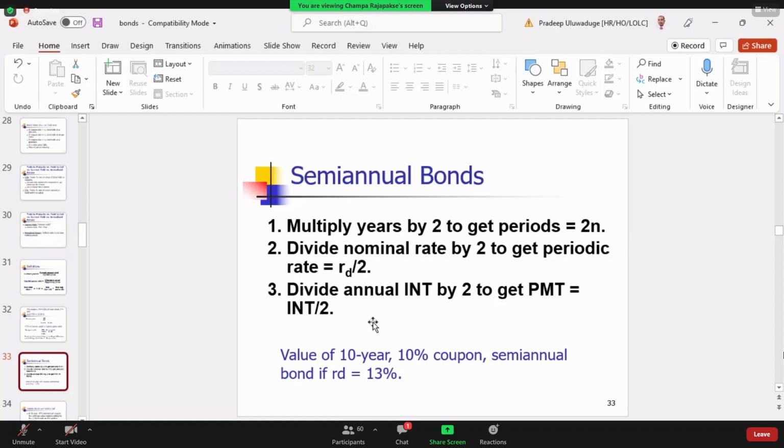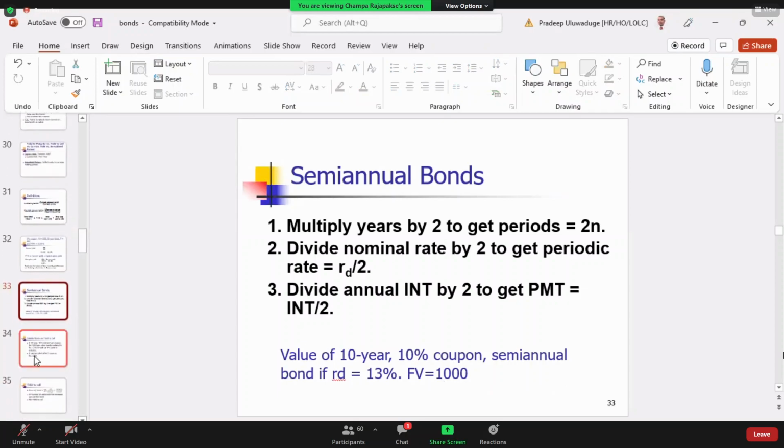So let's look at an example. Value of a 10-year, 10% coupon, semi-annual bond if RD is equal to 13%. Here also face value is equal to 1000. So how are we to find the value of a 10-year bond?